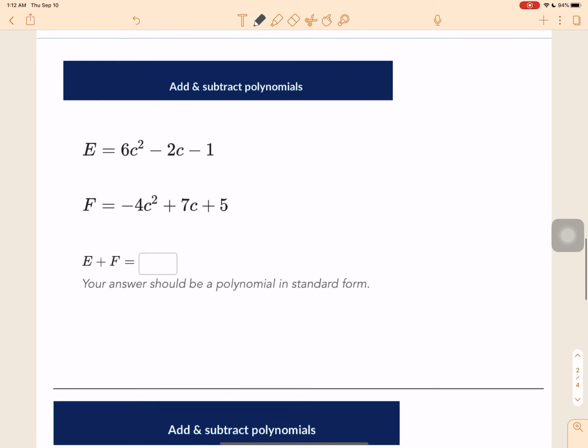This practice is adding and subtracting still, but you have to apply it given the information they give you. So here I know E equals 6c squared minus 2c minus 1.